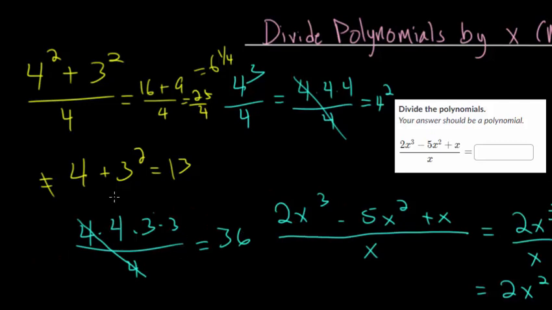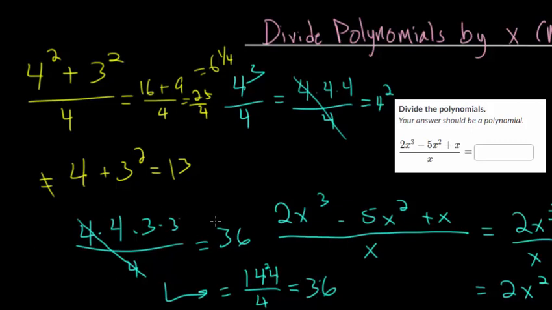But you can also see that the original problem, this 4 times 4 times 3 times 3, would be in the numerator 16 times 9, which is 144. And 144 divided by 4, well, 4 goes into 14 3 whole times, there's 2 left over, and 4 goes into 24 6 times. So you can see with numbers that it does work.